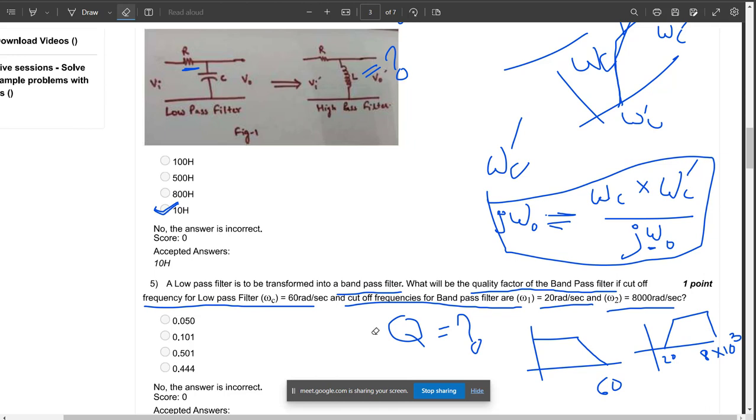So first you have to find out the quality factor.